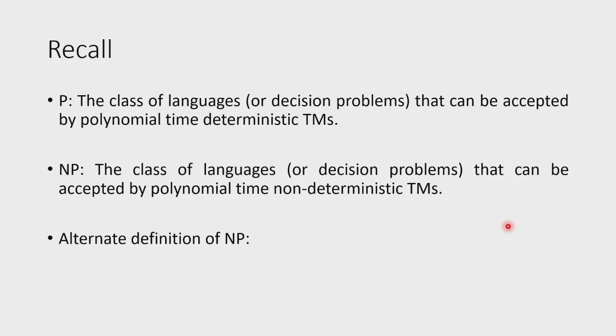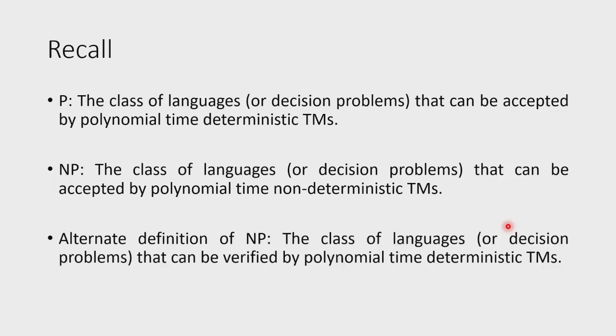The other definition is that NP is the collection of problems which are polytime verifiable: if you give me the solution, I can verify it in polynomial time. Yes, exactly. The alternate definition is that NP is the class of languages that can be verified by polynomial time deterministic Turing machines. Even though we might not be able to solve problems in NP efficiently, at least we know how to verify a solution efficiently. And obviously P is in NP, because if you can solve something, you can also verify it efficiently.